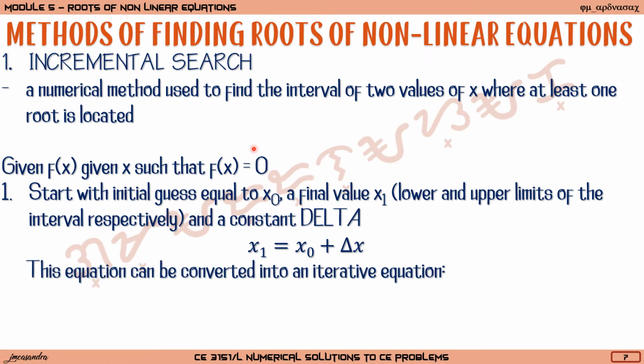And this equation can be converted into an iterative equation since we want to get multiple values of x that could possibly satisfy the given function of x equal to 0. This will become x sub n equal to x sub n minus 1 plus delta x. So, ina-add natin yung increments natin, yung delta x, to our newly identified value of x.